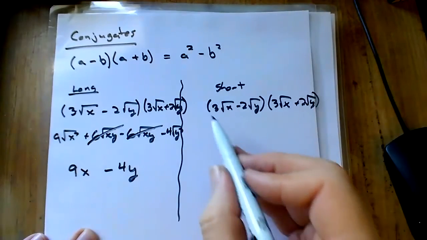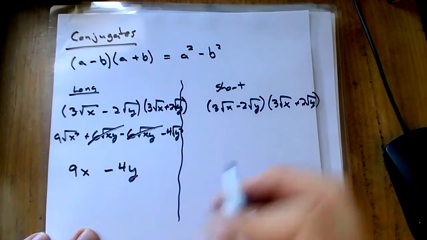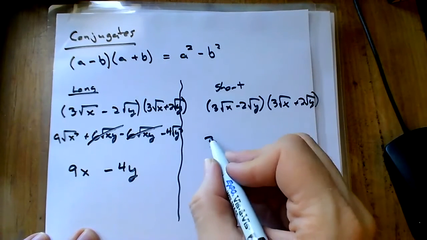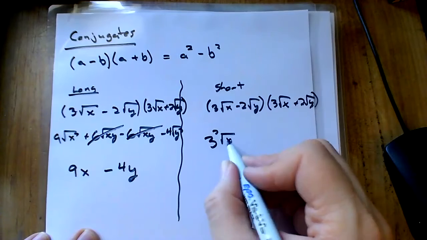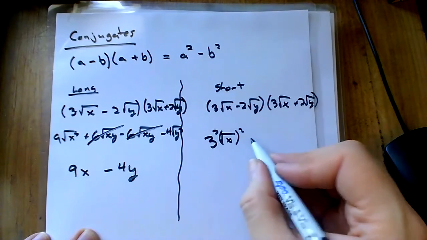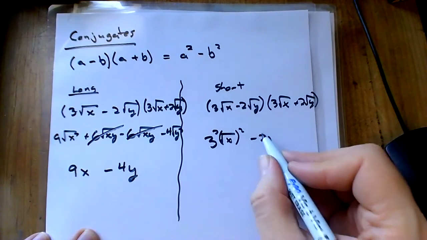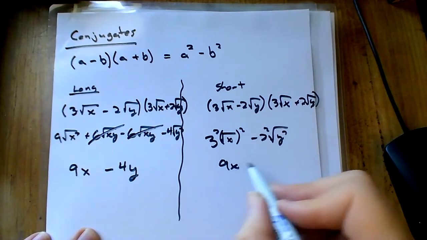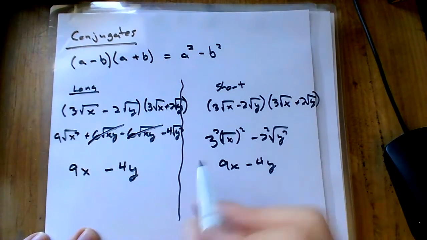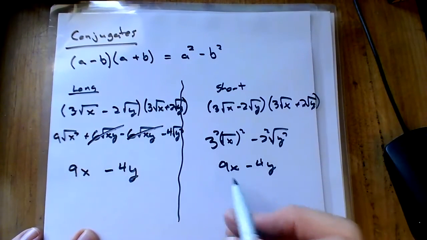It's literally just saying this squared minus this squared. So, oops, sorry, that's 3 squared square roots of x squared minus 2 squared roots of y squared. Oh, that's going to be 9x minus 4y. In a lot of ways, that's going to be the easiest way of doing it.